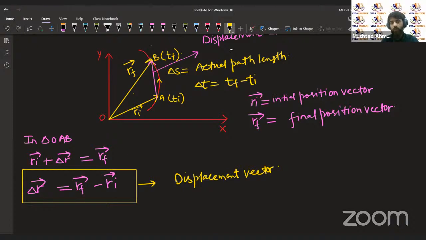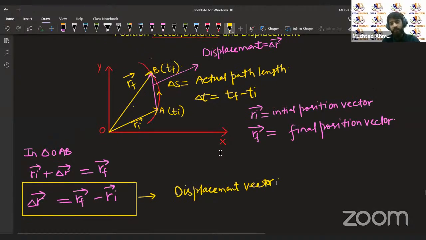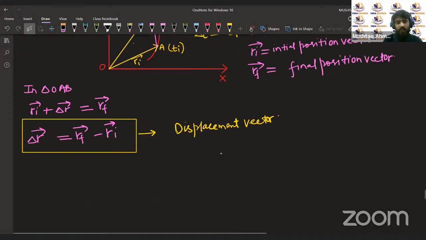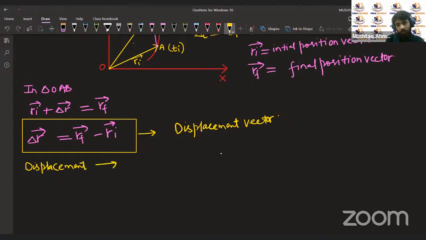And one more point is that on this curve, the length of this displacement vector is the shortest length between the initial point A and the final point B. Or we can say that displacement is the shortest distance between the initial position and the final position.